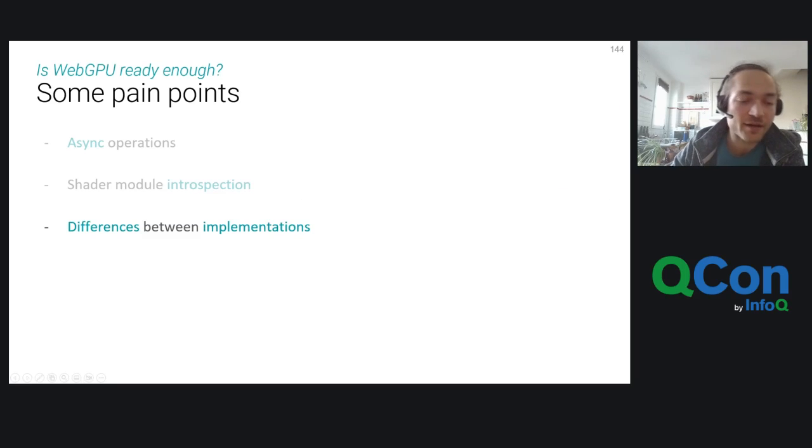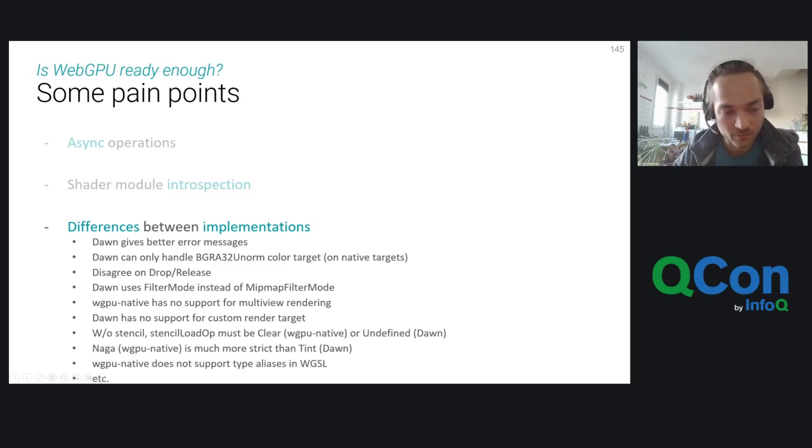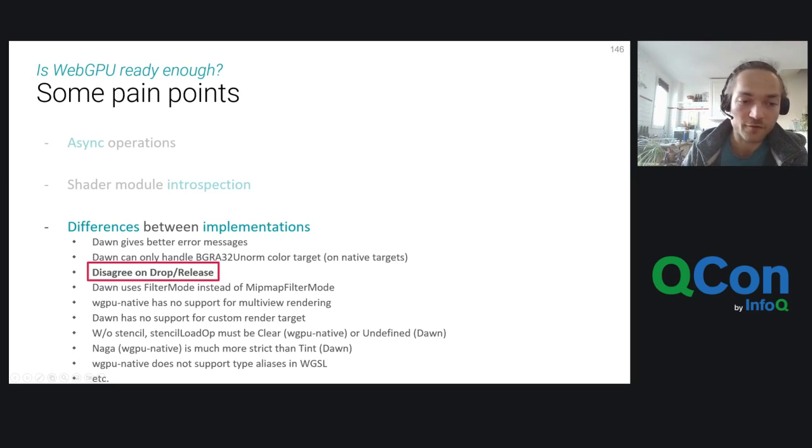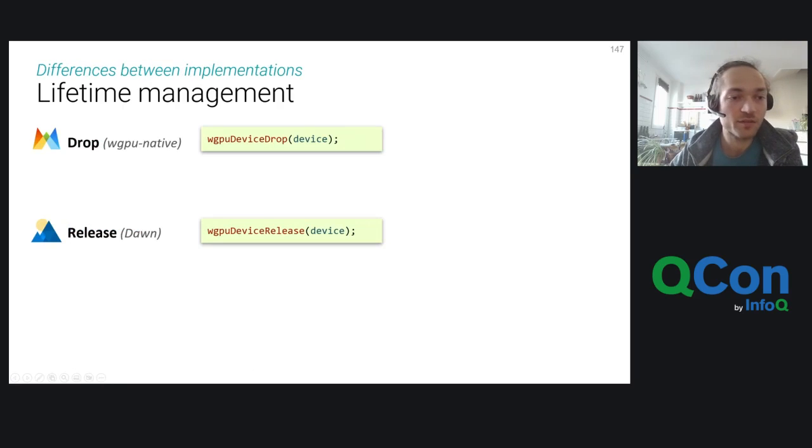And lastly, there are still a lot of differences between the implementations, so I'm giving a lot of examples here. I'm just going to focus on one key difference, which is that there is no agreement yet on the mechanism for releasing, freeing the memory after use. So WGPU uses drop semantics, and Dawn uses release.